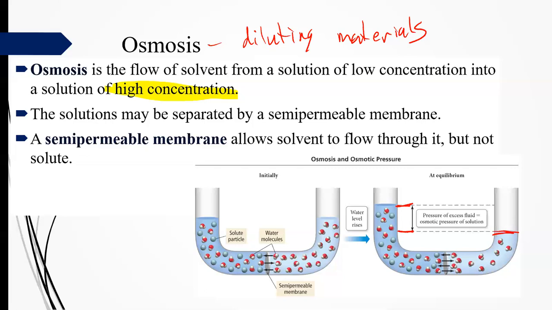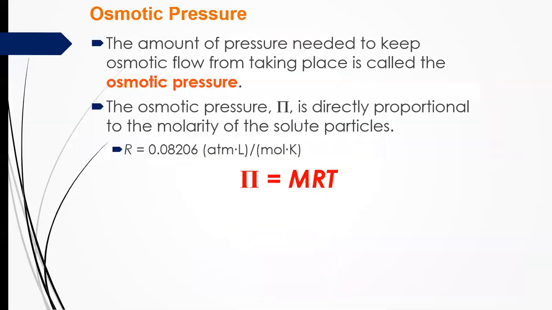And that's what it means to have osmotic pressure. So the osmotic pressure is directly proportional to the molarity of the solute particles, and then the temperature, and then the R value. So you can use the ideal gas law to determine the molarity of your solution.